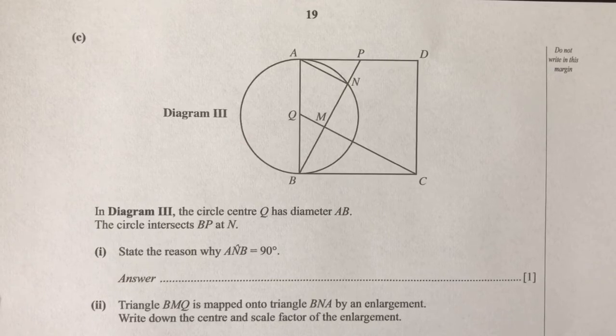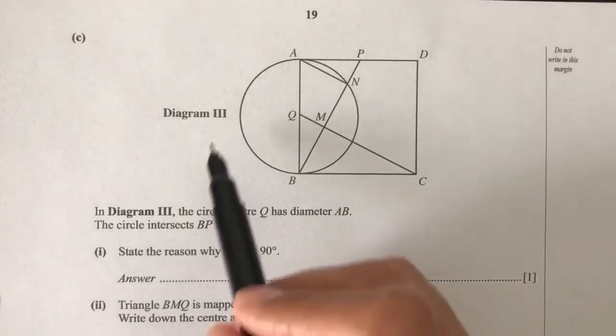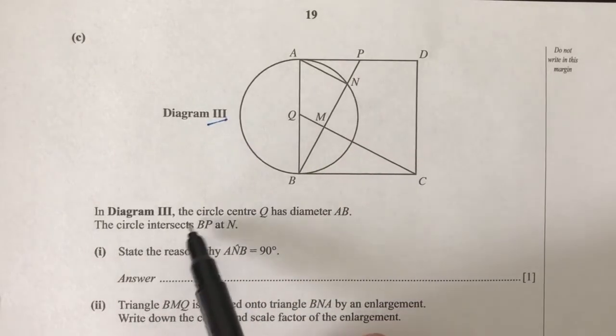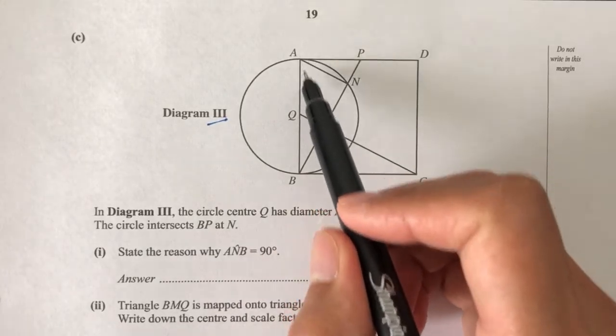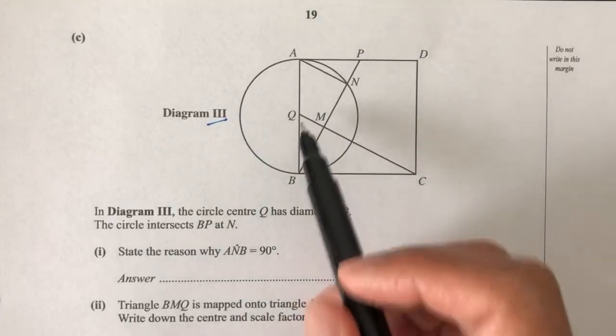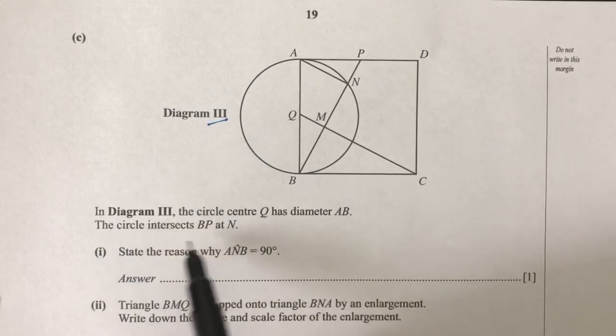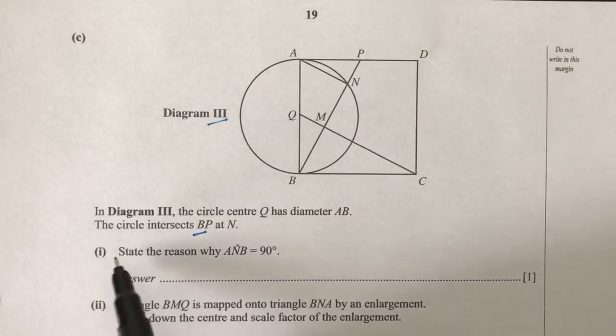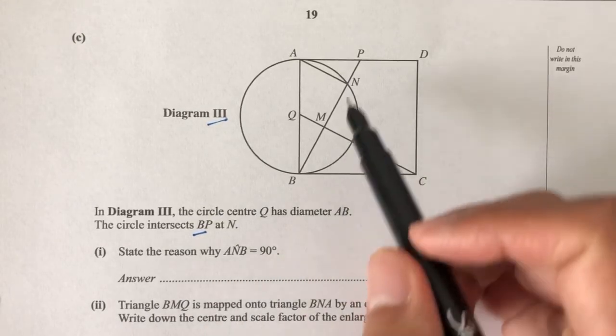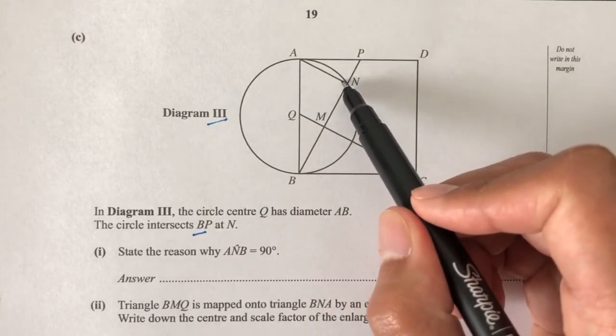Moving on to part C of this question. So we have diagram 3 now. It says the circle center Q has diameter AB. So AB is the diameter going through Q. Now, the circle intersects BP at N. N is this point. State why angle ANB is 90.